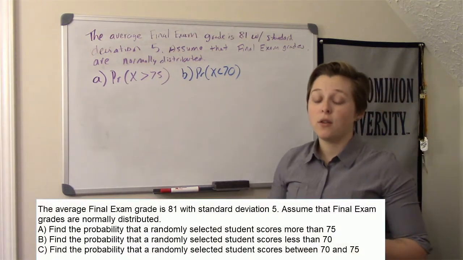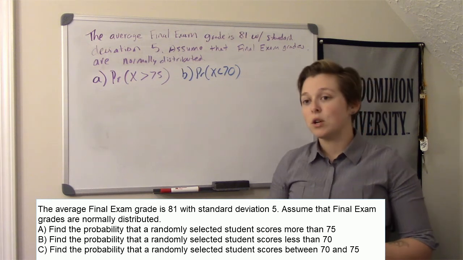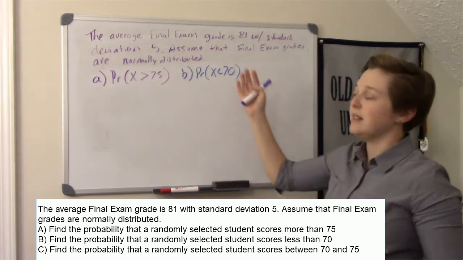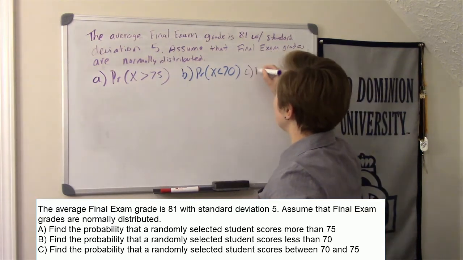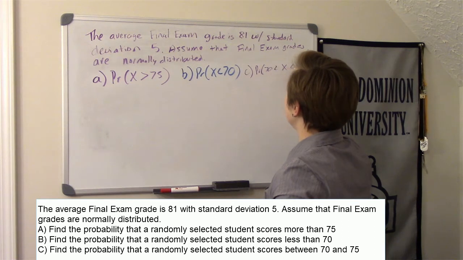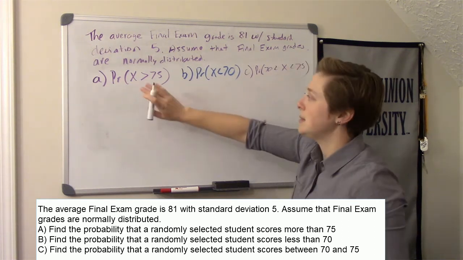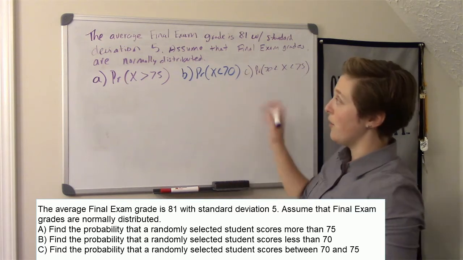Lastly, you should know how to solve questions like, what's the probability that a randomly selected student scores between 70 and 75? So this is basically a right tail, a left tail, and a between type probability situation. You should know how to solve all of these.